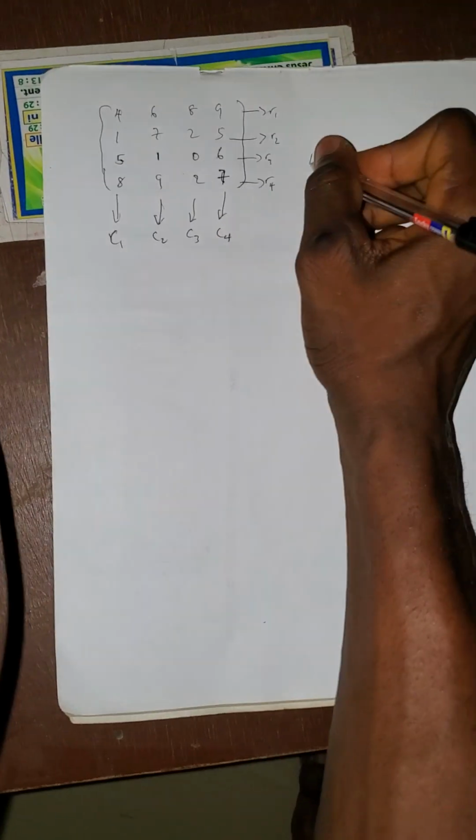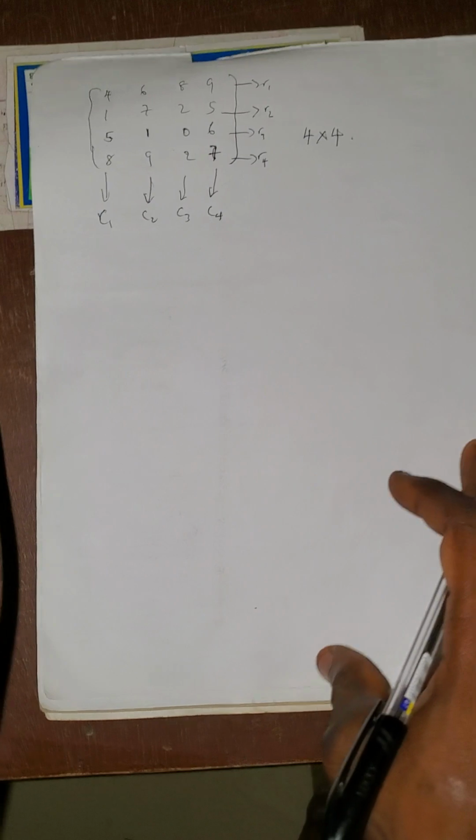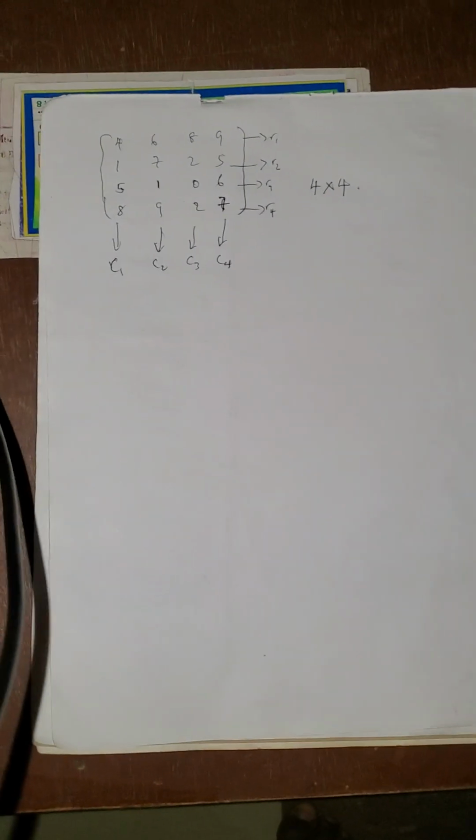Now if you check this very well, this is the first row, second row, third row, fourth row. It's first column, second column, third column, and fourth column. So this is a 4 by 4 matrix. This is a square matrix. The next one, which is number what?